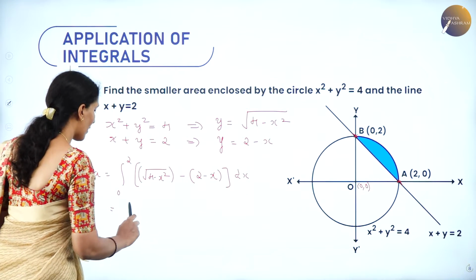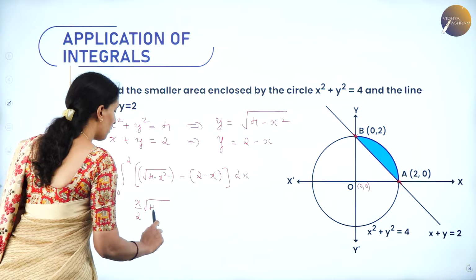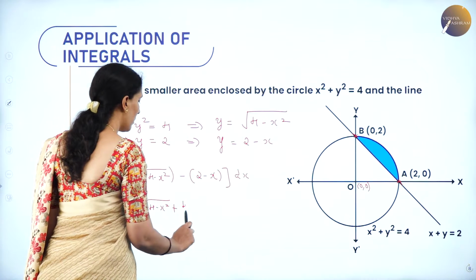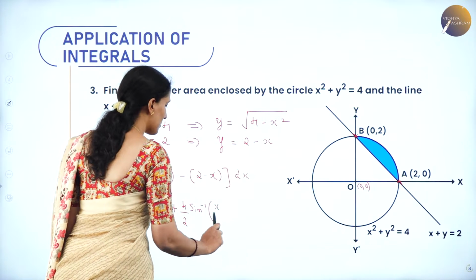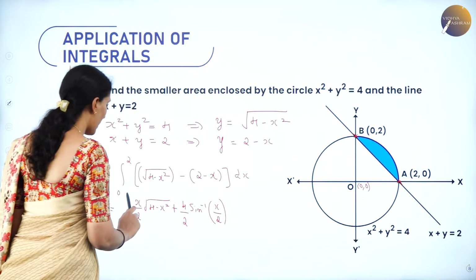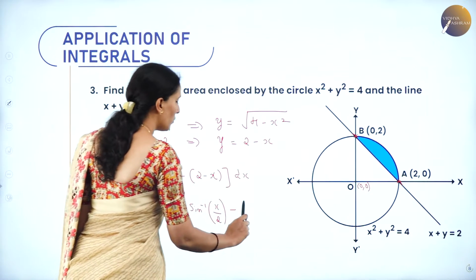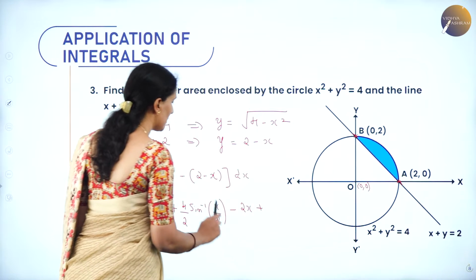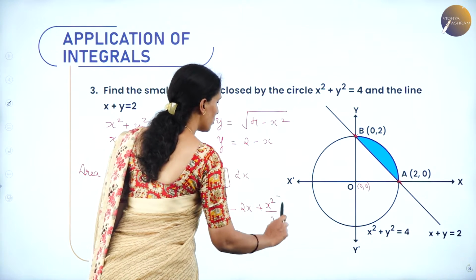So I can write it as x by 2 root of 4 minus x square plus a square is 4 by 2 sine inverse x by 2. And here minus. What is integral of 2? It is 2x. Again minus into minus plus. What is integral of x? It is x square divided by 2.